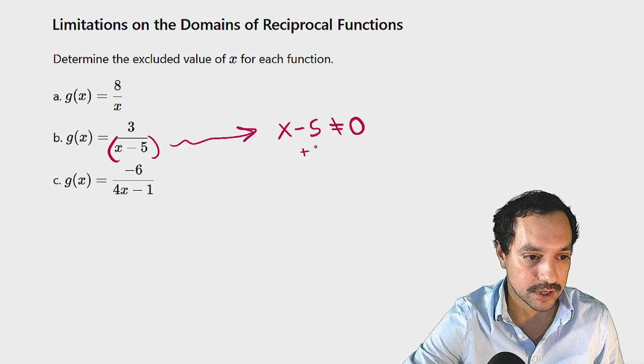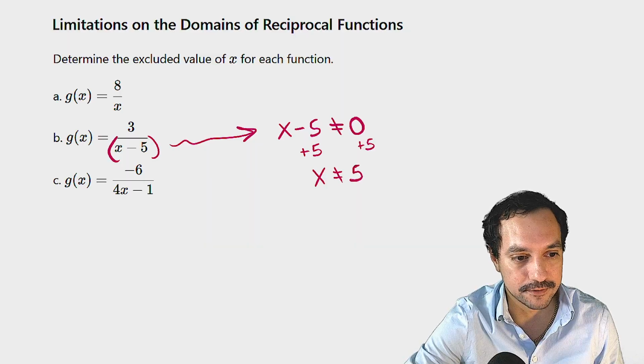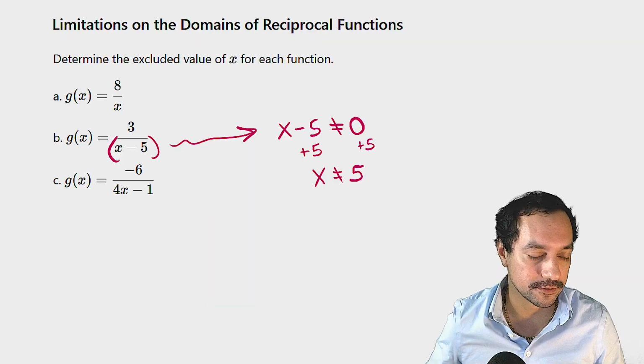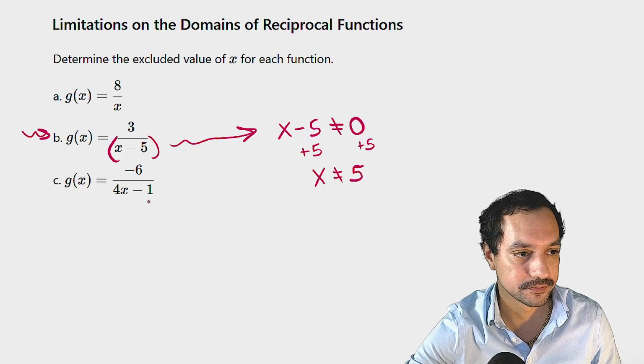So I'll solve the equation that I ended up with here. I'll add 5 to both sides, and I end up getting that x cannot be positive 5. All right, so we are going to exclude positive 5 from the domain of this function.